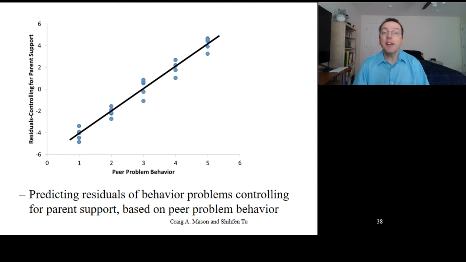Also, you can see that our new regression line is plotted in which we're predicting the residuals from our previous analysis, now based on peer problem behavior. And just like any regression line, we can calculate new residuals for this line. Let's take a look at those residuals.